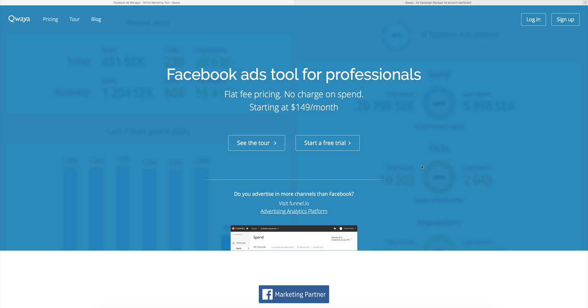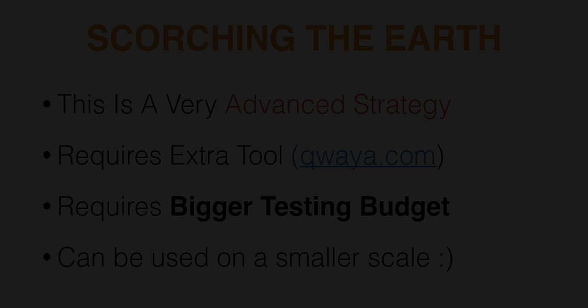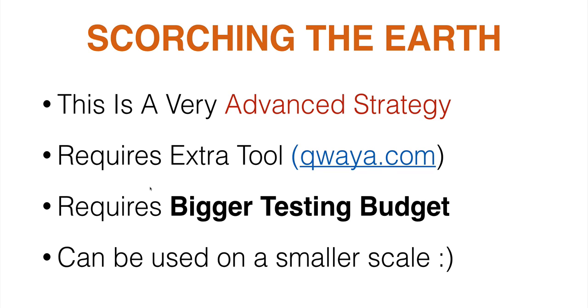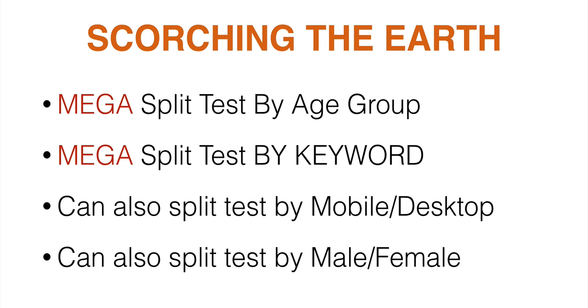Now, we're going to talk about scorching the earth using Quaya, but I have one more slide that I want to show you. We're going to talk about scorching the earth by doing what I call mega split testing. And we're going to mega split test by age group, and we're also going to mega split test by keyword.